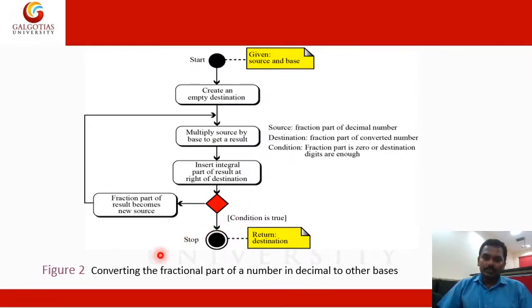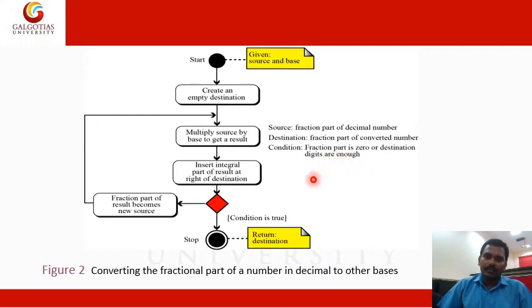So here is the flow chart to convert the fractional part of a decimal number system to any other base. Here we just multiply the source by the base to get the result. The integral part of the result is placed at the right of the destination, and then the fractional part is again multiplied by the base, and this will continue until the fractional part is 0 or the destination digits are enough.